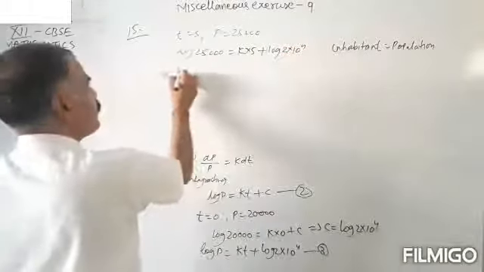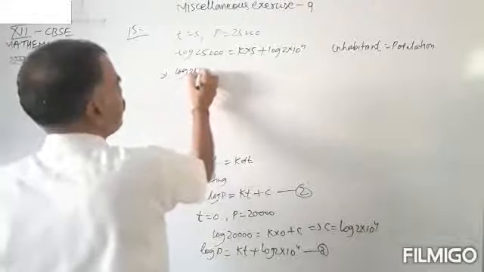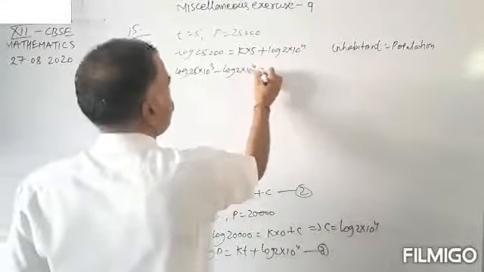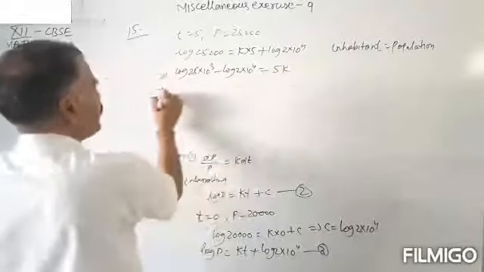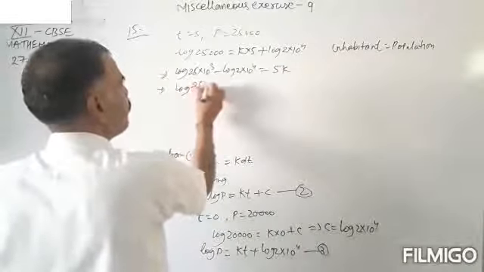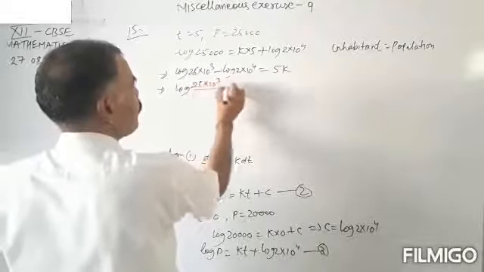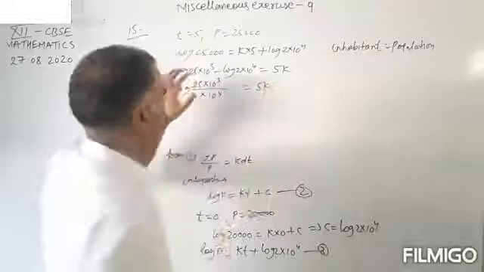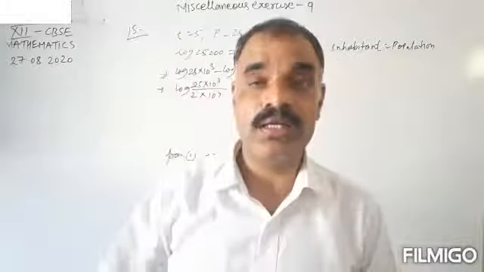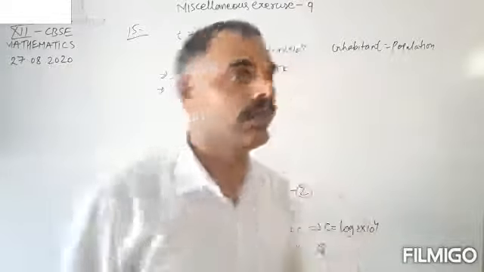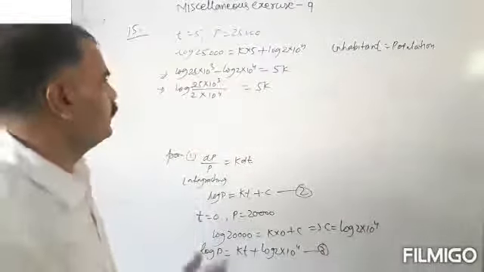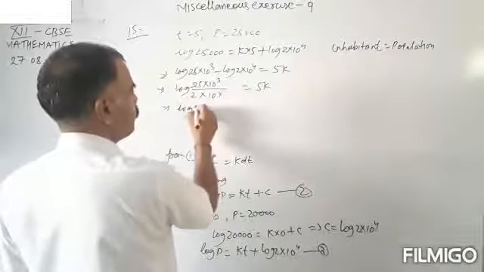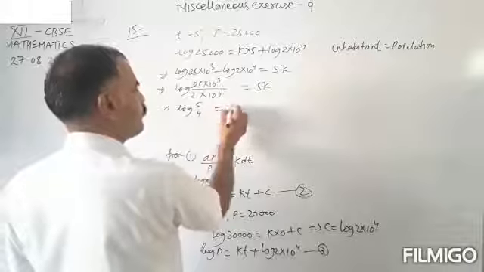So log 25 into 10 to the power 3 minus log 2 into 10 to the power 4 equals 5k. Since log m minus log n equals log m upon n, log of 25 into 10 to the power 3 upon 2 into 10 to the power 4 equals 5k. Solving this, log 5 upon 4 equals 5k.